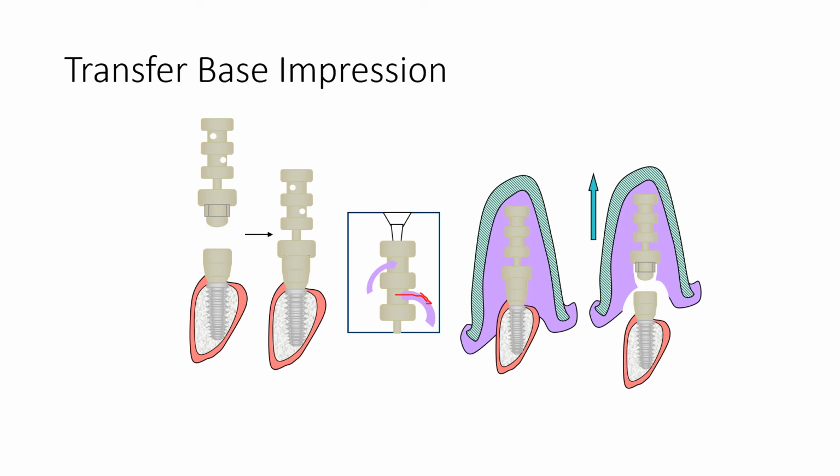The impression is then removed, leaving the transfer base in position on the implant and taking the quick transfer with it locked in the impression material, like so. As I've said, it is most important that you use the correct impression material, and that if there is any doubt about what has happened or the accuracy of the impression, then it should of course be retaken.